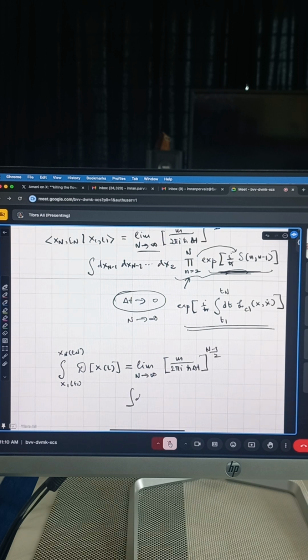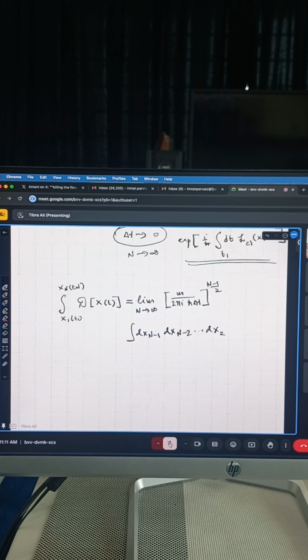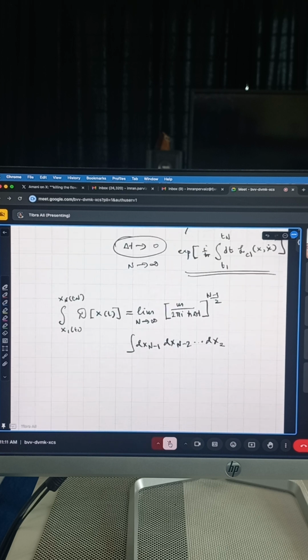I think there's dx2, right? Yeah. In my notes, I have a mistake. So if I use this notation, then my path integral, the propagator, becomes this thing. So this is D of x of t, where all the paths begin at x1 and end at xn.